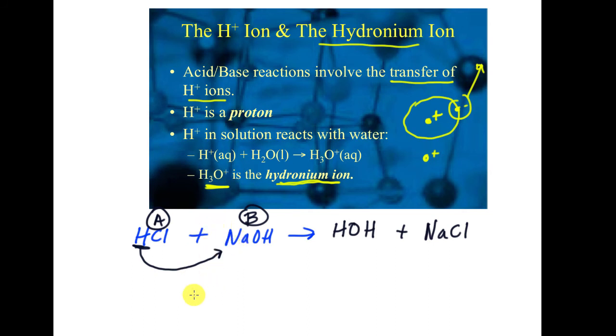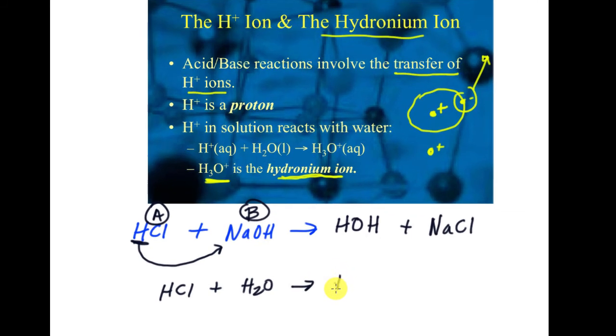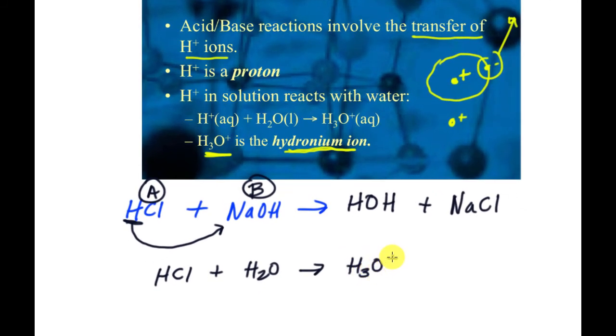Okay. Now, as I was going to say before, if we look at that acid reaction with water, what tends to happen when we react this with water is we get the hydronium ion, H3O+, and we look at the chloride ion being left out. Well, because water is on both sides, what chemists tend to do, and you're going to see me do this a lot, is we drop the water out. If I drop water out of this, what I'm left with is a hydrogen ion.